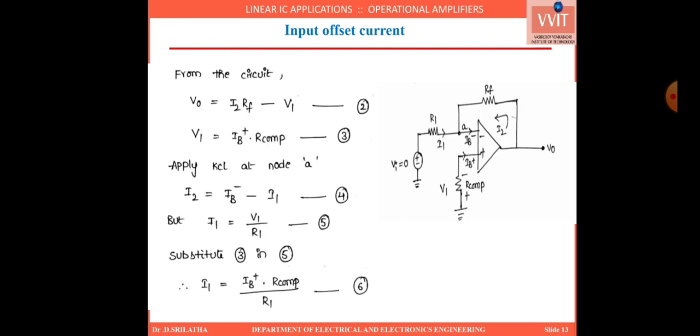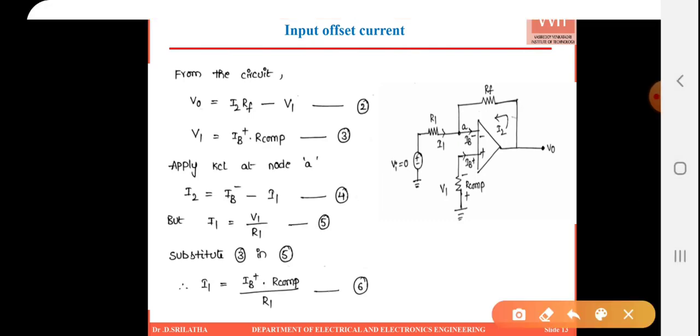Now, in this circuit, let us apply KCL at this node A. Here in this circuit, let us apply KVL for the loop.